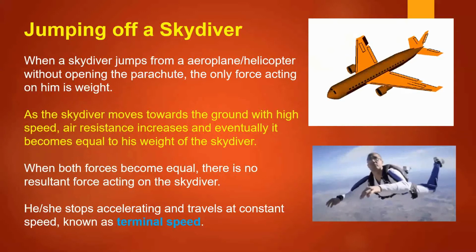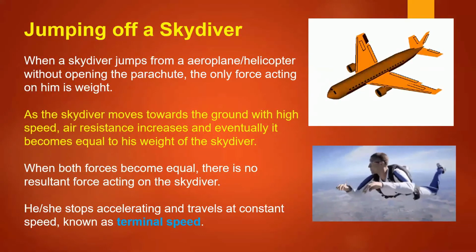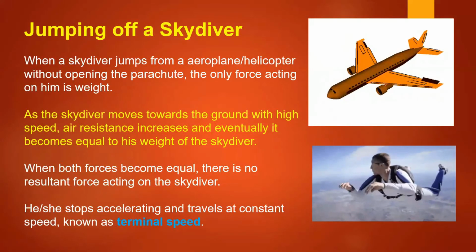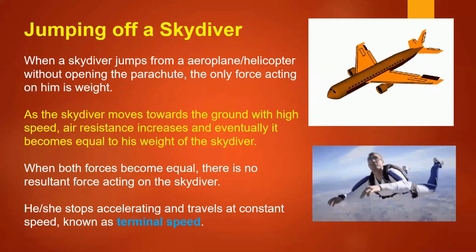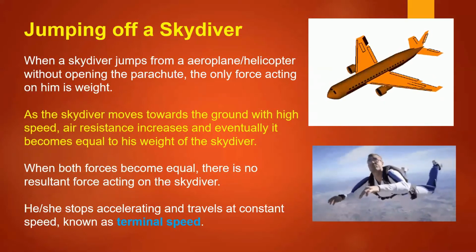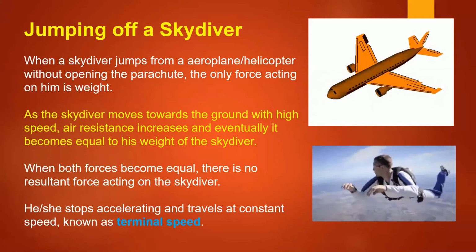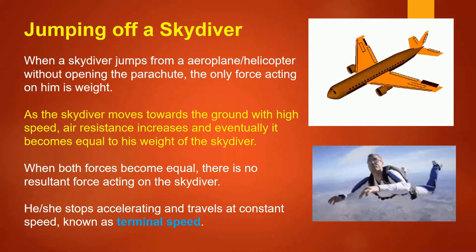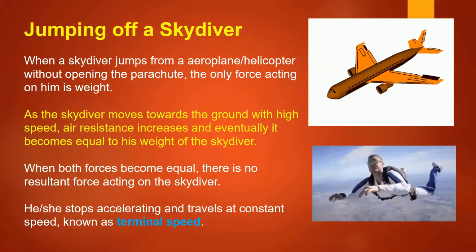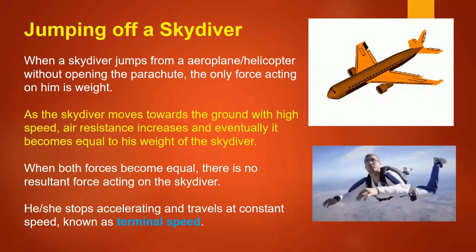When a skydiver jumps from an aeroplane without opening the parachute, the only force acting on him is weight. As the skydiver moves towards the ground with high speed, air resistance increases, and eventually it becomes equal to the weight of the skydiver. When both forces become equal, there is no resultant force acting on the skydiver.